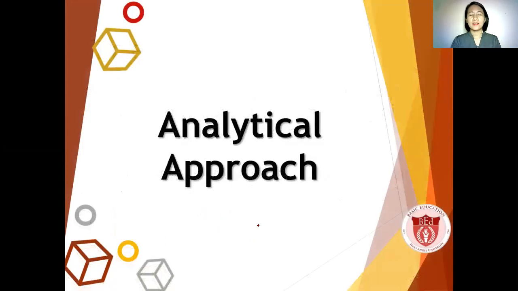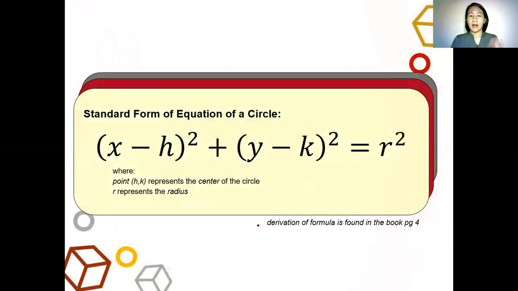Let us go on. Let's have the analytical approach of circles. This is the formula that is used for us to get the standard form of the equation of a circle. In dealing with this, you have to take note that h and k here are the coordinates of the center of the circle, and r is the radius of the circle.